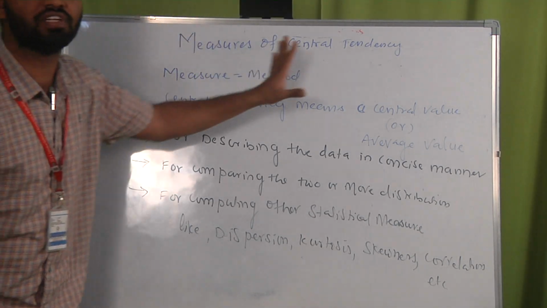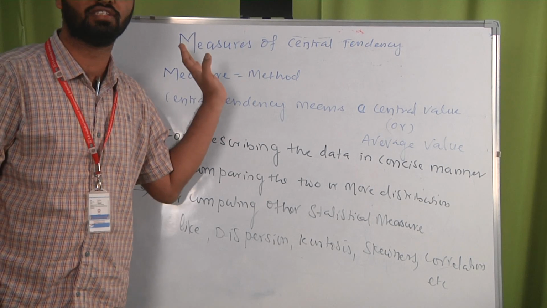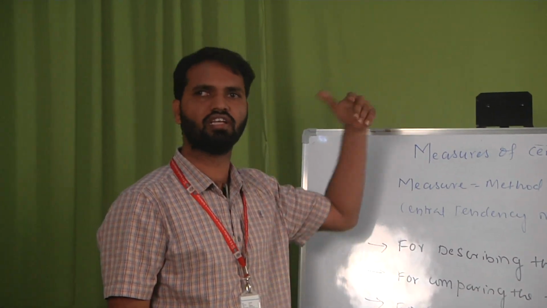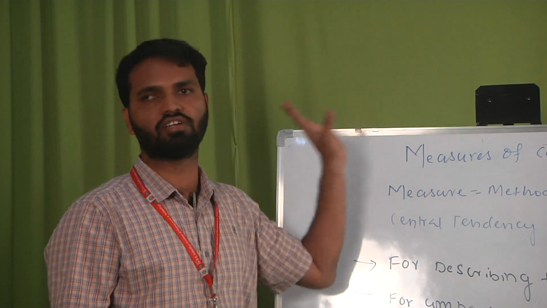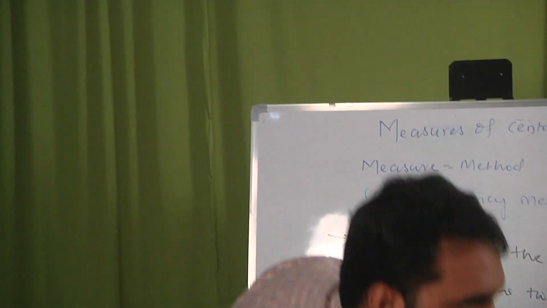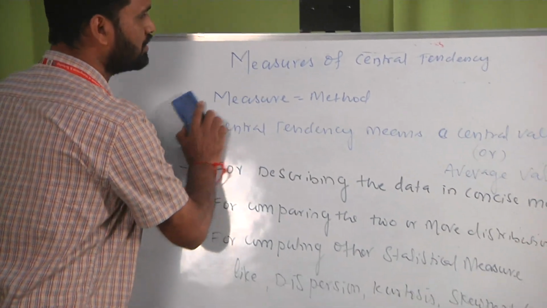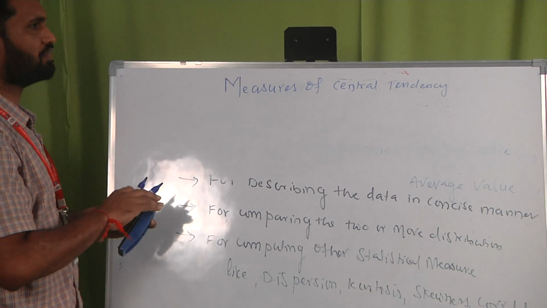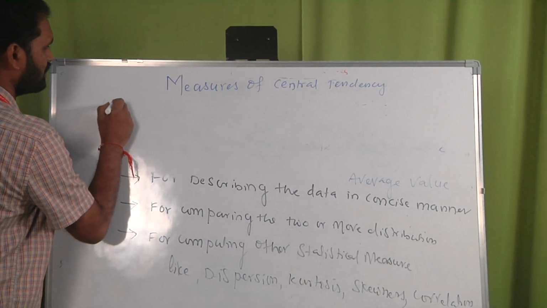But what is the definition of measures of central tendency? This is a very, very important concept everywhere in real time, like business, social science, economics, and so on. In a lot of fields we apply this concept. So what is the definition?